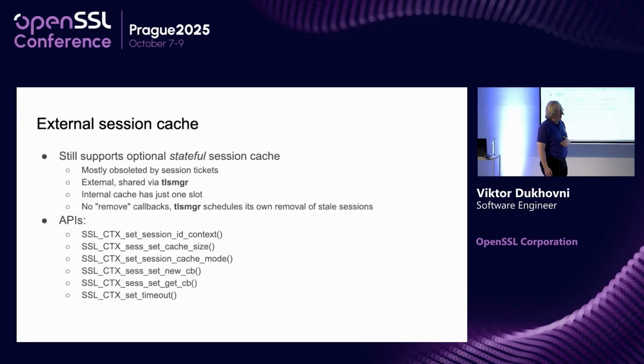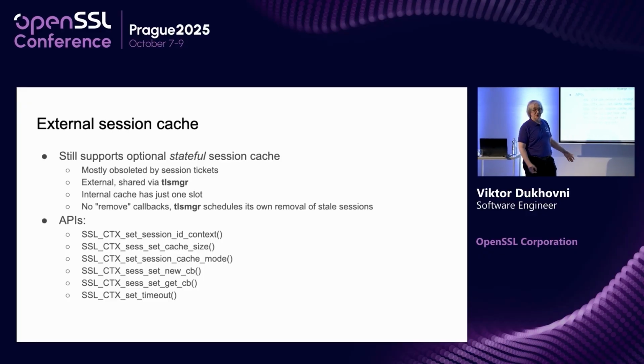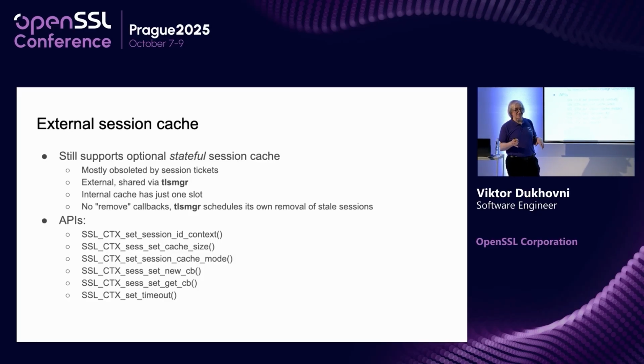Okay. Postfix has an external session cache. In that multi-process architecture, the SMTP server isn't a single multi-threaded process. It's lots of processes, one per connection, very traditional Unix-style client-server architecture in which there's one process per client. And it works okay for SMTP.